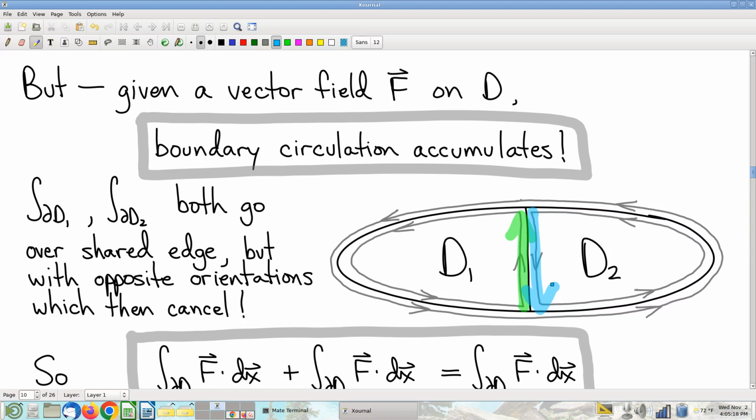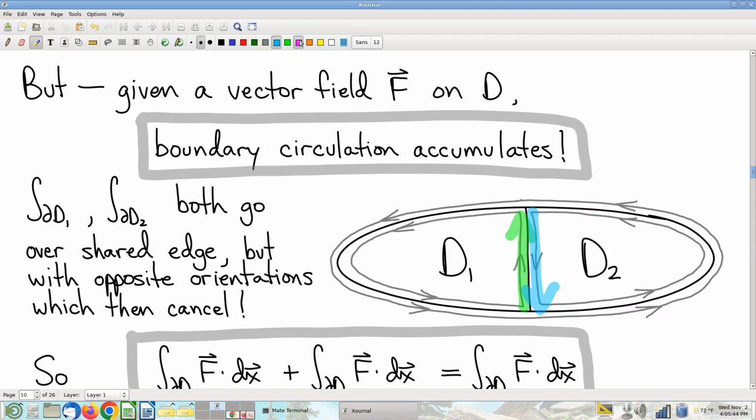But then notice something really wonderful about these two little pieces of line integral, what I have here in green, what I have here in blue. They're over the same curve with opposite orientations. Which means, same curve opposite orientations means that these two pieces have exact negative values of each other, and therefore they add up to 0.